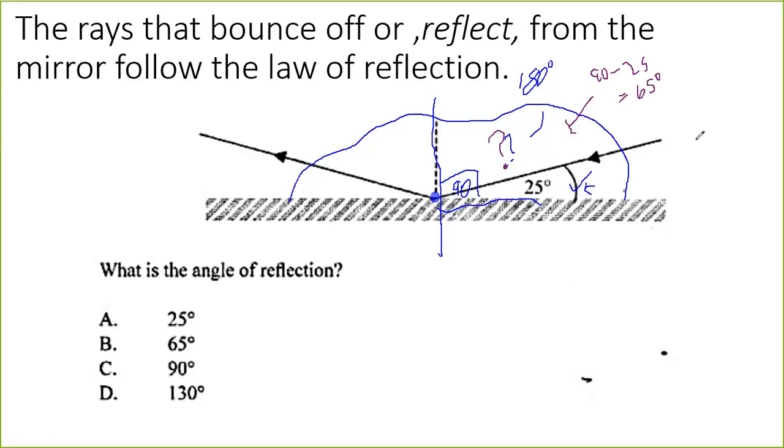What have we just found? Which angle have we just found? Right here, in purple. Exactly, we found the angle of incidence. We're asked for the angle of reflection, but we know that that is equal to the angle of incidence.